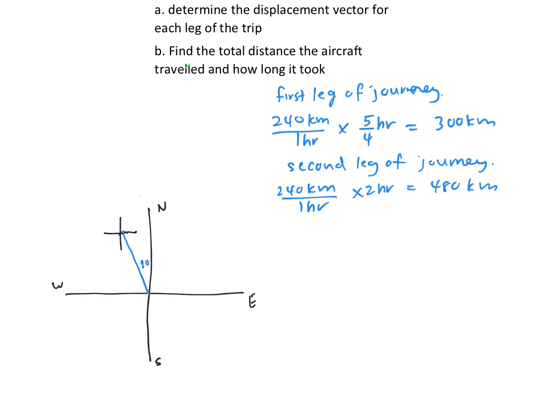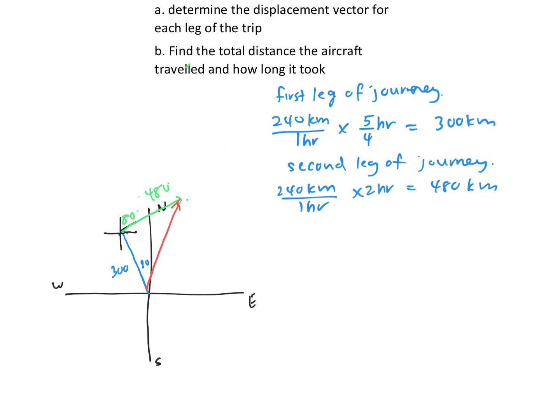From there, I want to go north 80 east. So that would be somewhere in this direction. Okay, and that was 80 degrees there. And then the first leg of the trip was 300, and the second leg of the trip was 480. So the resultant is from tip to tail, something like that. Okay, not sure where that angle is, but we will determine that at the end.